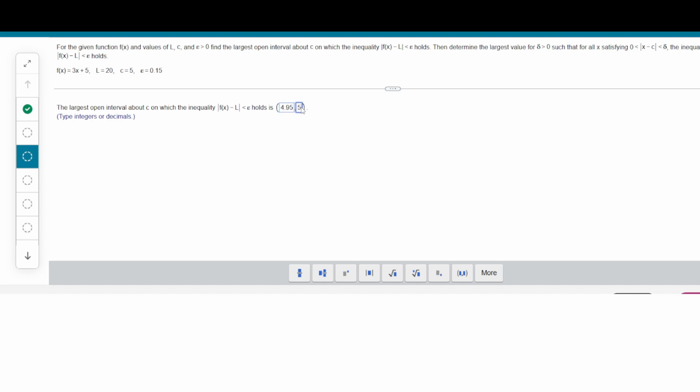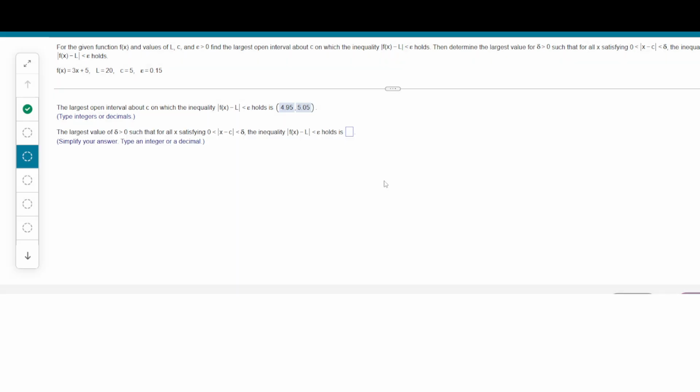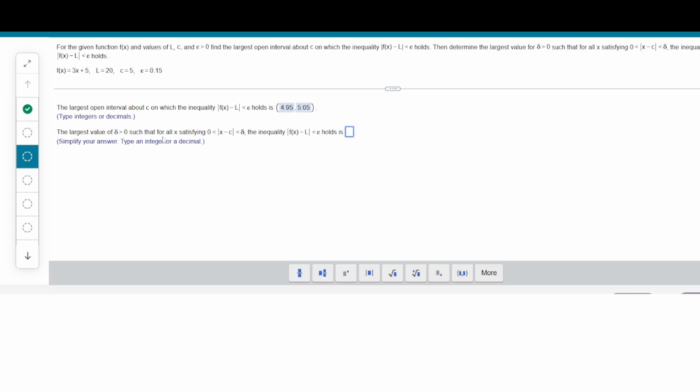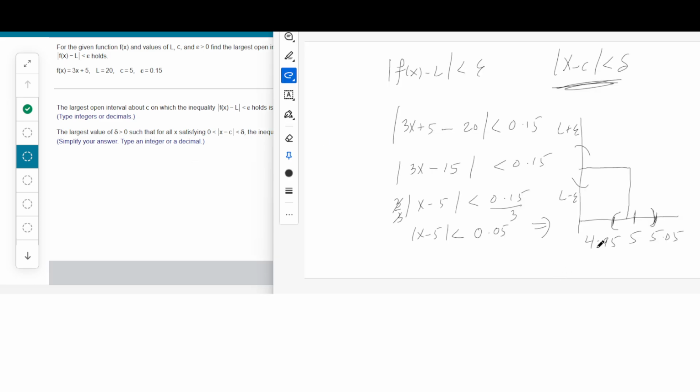So the interval they are asking for here is 4.95 to 5.05. Okay, so what is the value of delta here? The delta is the minimum distance from 5 to either the left side or the right side. Keep in mind, always take the minimum one. But both of them have the same distance, so the value of delta you can choose is 0.05.